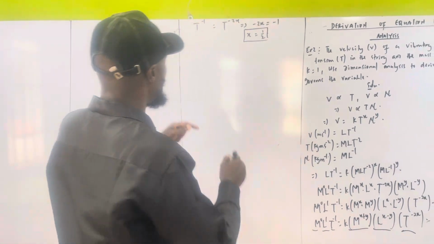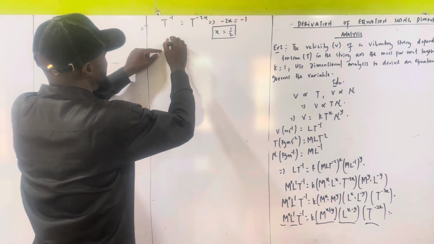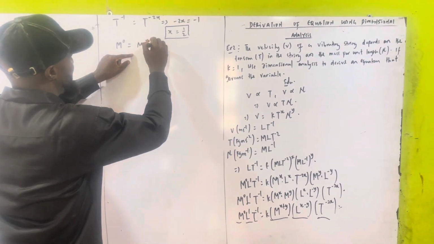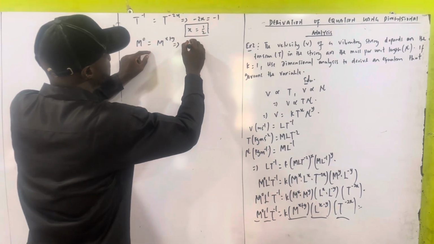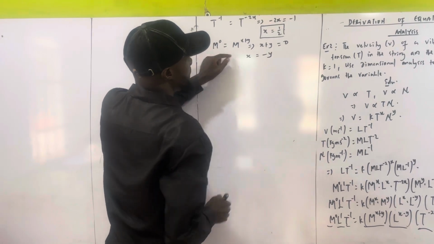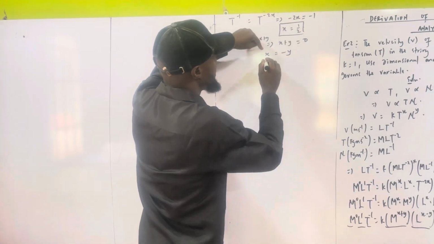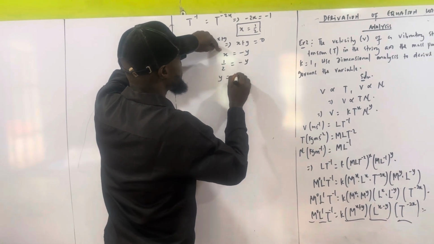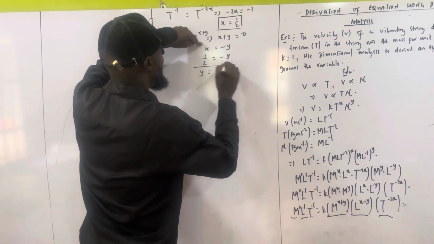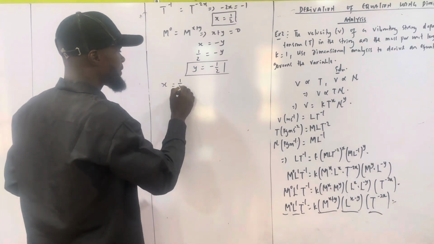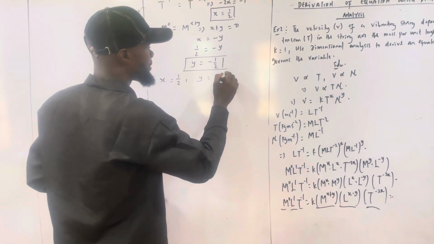Look at M: M^0 is equal to M^(x+y), which implies that x plus y is equal to 0, so x equals minus y. Because our x is 1/2, 1/2 is equal to minus y, so y equals minus 1/2. Getting x and y, our x is 1/2 and our y is minus 1/2.